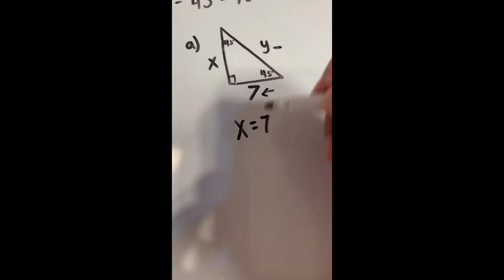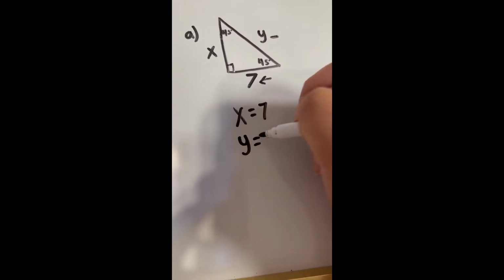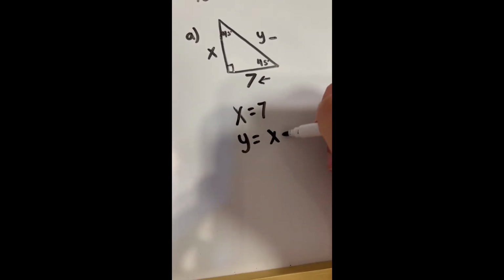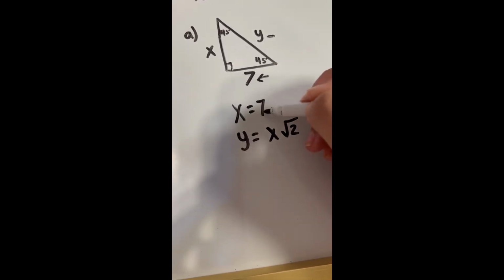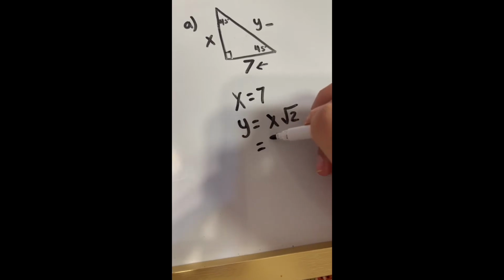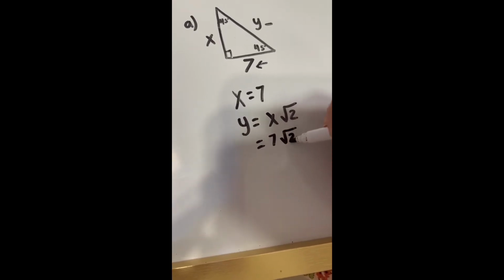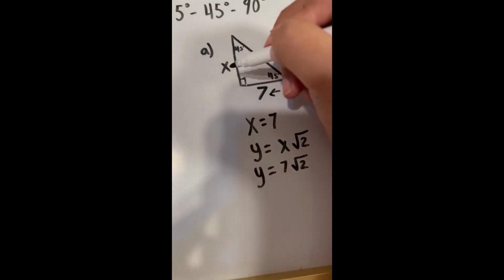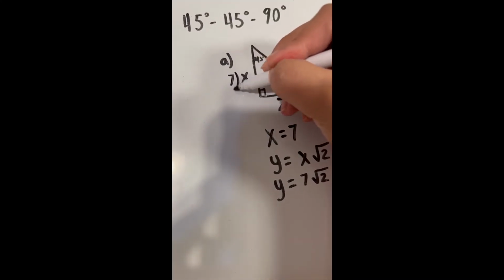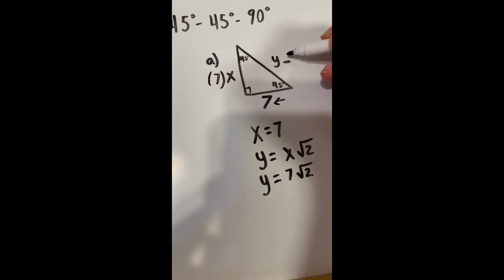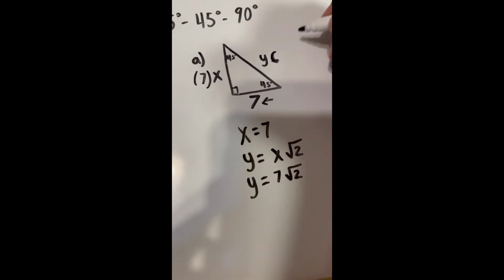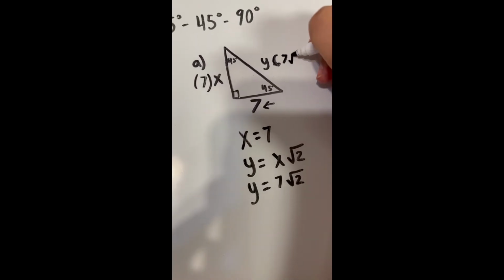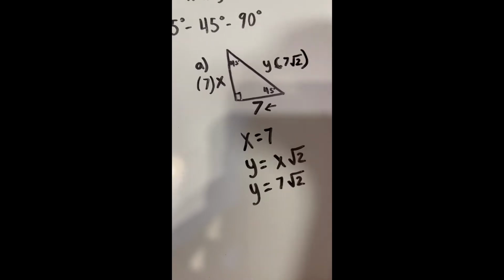Now all we have to do is find our hypotenuse, or y in this case, which will be x times the square root of 2. And that will be our answer. y equals 7 square root of 2, x equals 7. And now we have found both of our missing sides using the 45-45-90 right triangle.